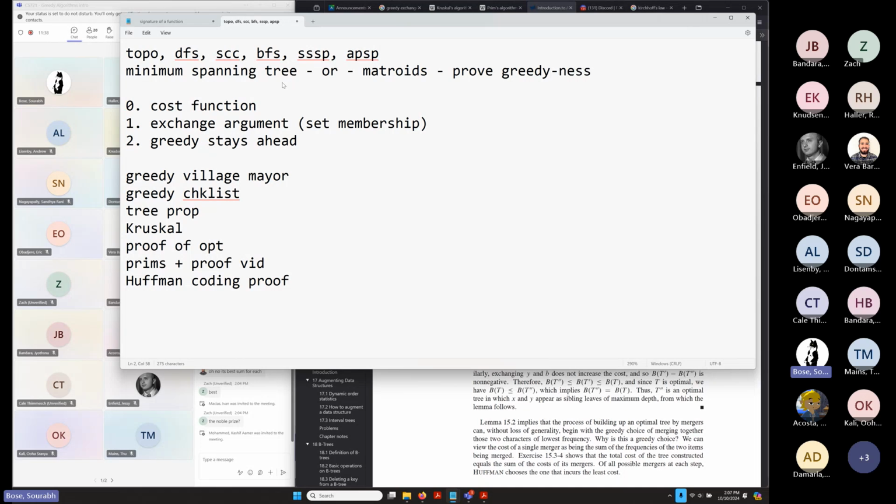Why is your greedy solution the best solution? Why is greedy the optimal solution or not? Okay, so that is the proof that we are looking forward to. We are going to talk about that. We have formulated problems as topological sorts and all of those things. Now comes the point where we are going to formulate problems as minimum spanning trees. Okay.